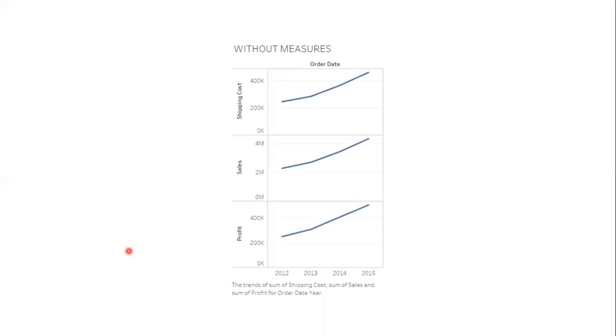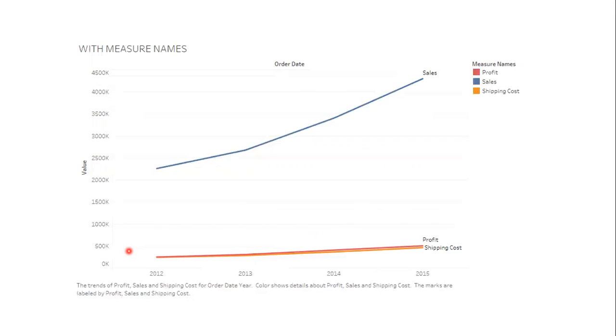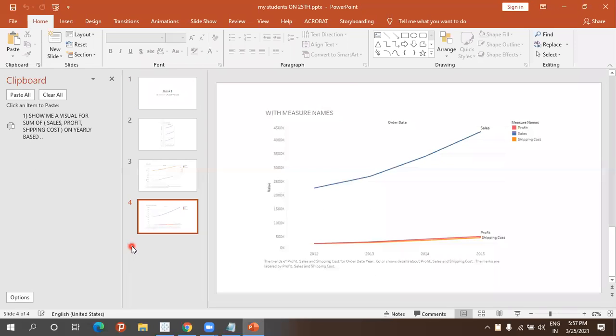Without measures you do it properly, and with measures. Is this a better idea, right? So you send all the 10 like this. Do it in one worksheet or different worksheets, but finally you combine all of it. You can copy slides from a different sheet and paste them here and combine into one PowerPoint.